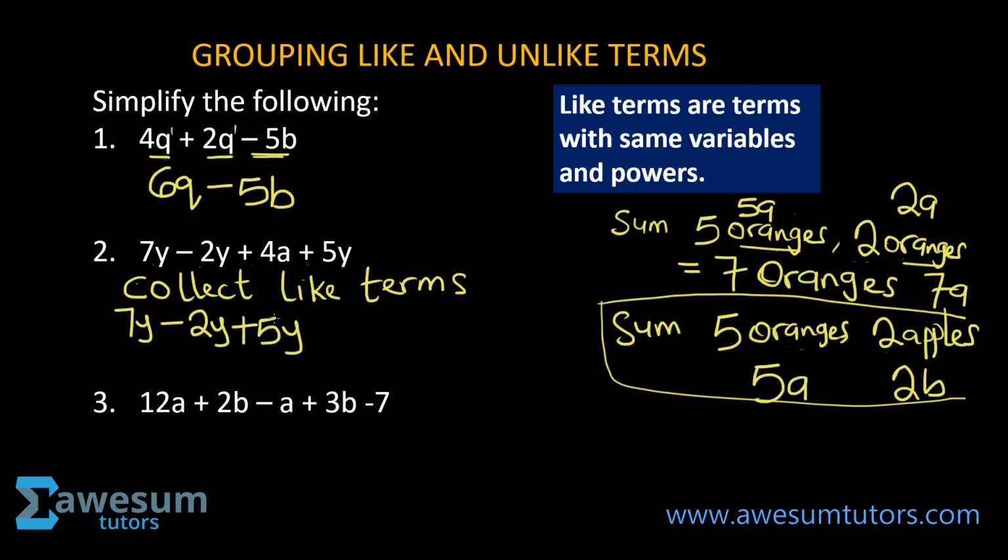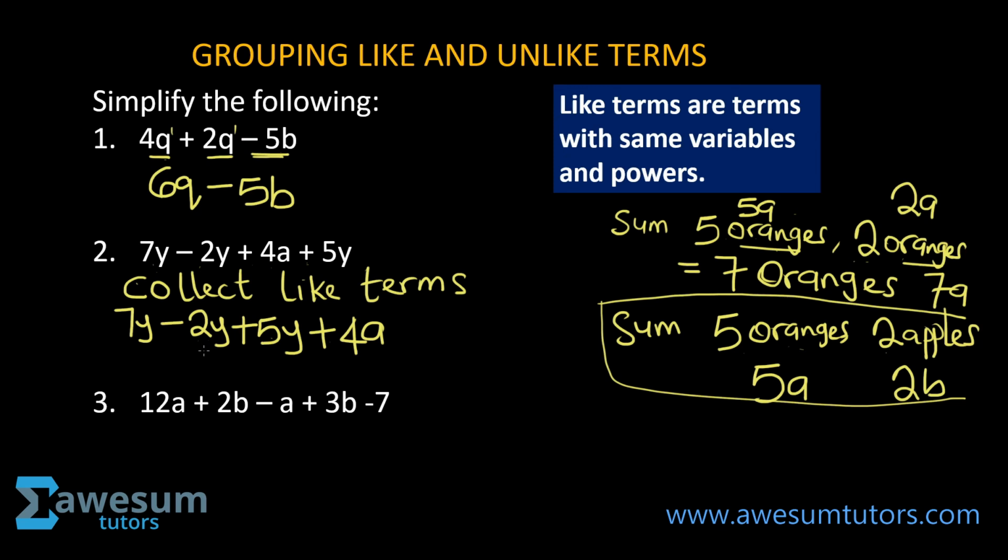And then what do you have? Positive 4a. So that means now I have 7y minus 2y plus 5y plus 4a. What I've been able to do first was to collect like terms together. Now 7y minus 2y would give us 5y.